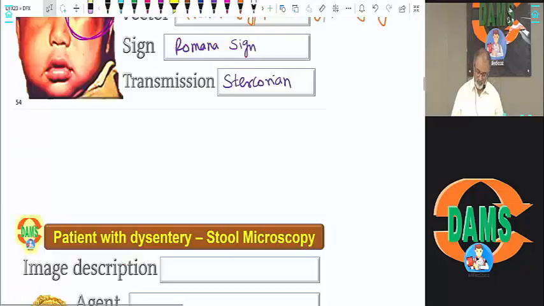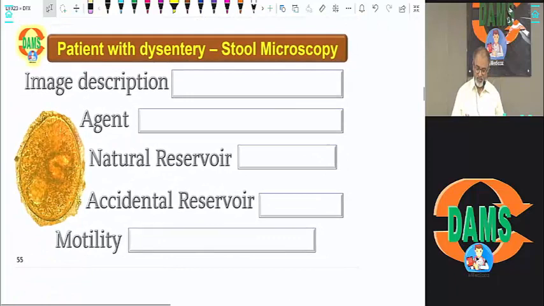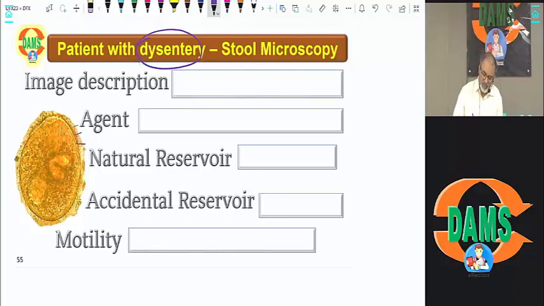Next is a patient with dysentery. Stool microscopy contains a lot of cilia and a horseshoe-shaped nucleus, macronucleus and micronucleus. What is it? Balantidium coli.